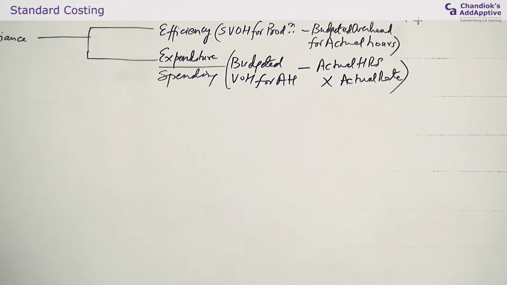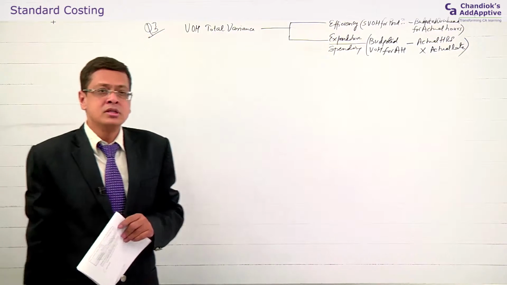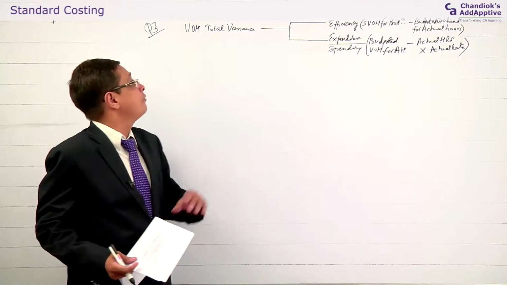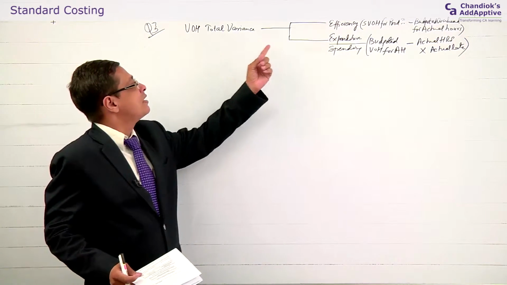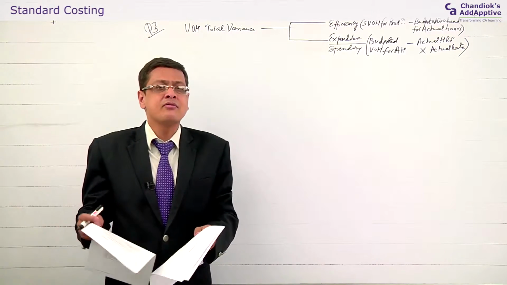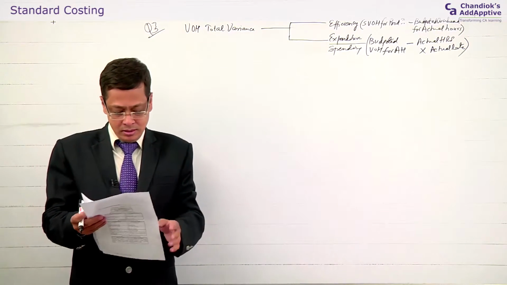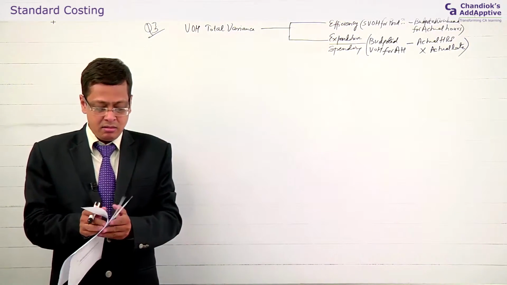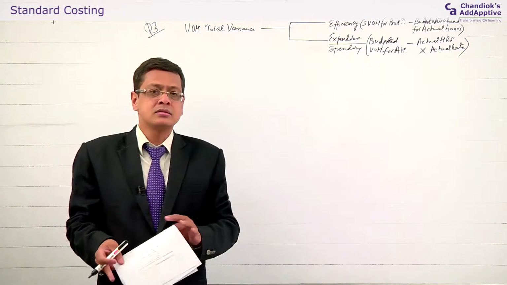So, this is the position of variable overhead variance, which is broken into two parts. Let us take one numerical question and try to understand how this is done.